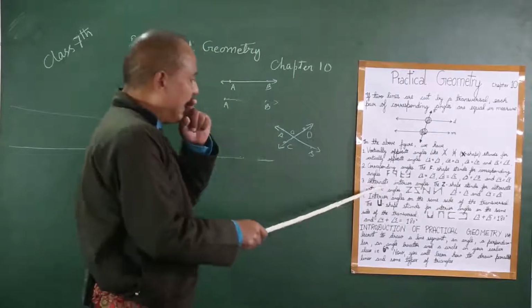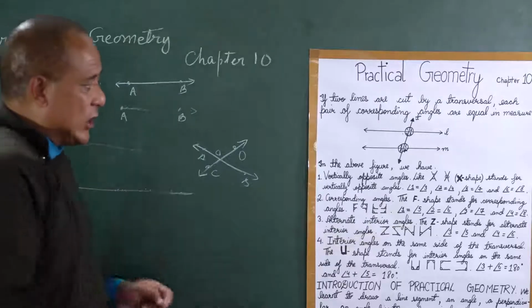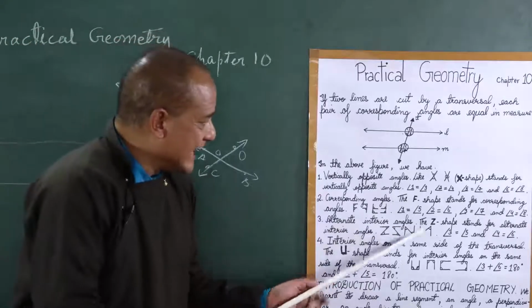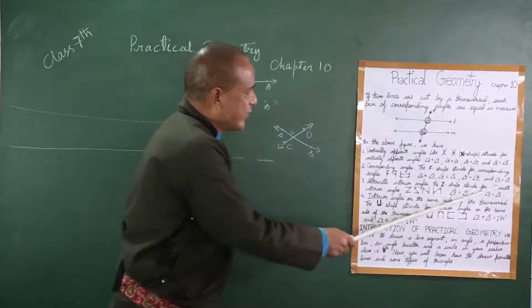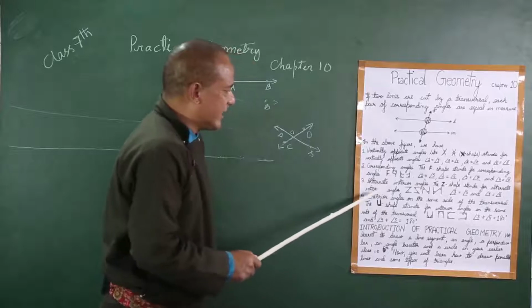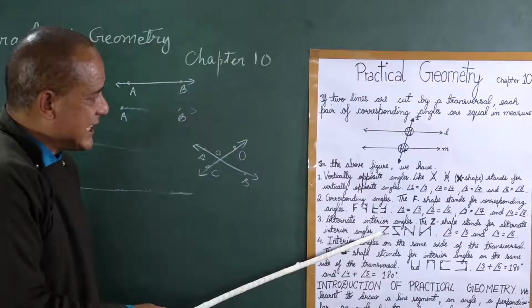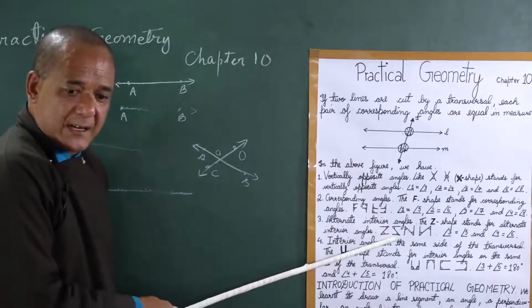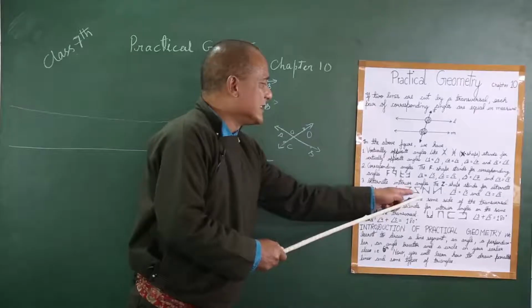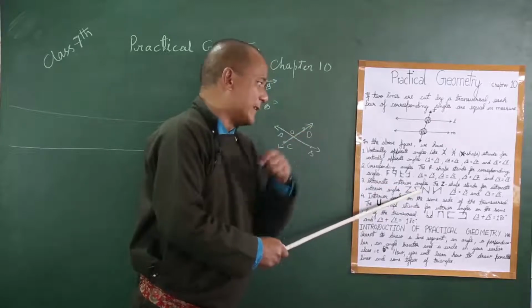Now when you have alternate interior angles, here the Z shape stands for alternate interior angles. This is Z, and this is the image of Z. When you place a mirror here, you will see a proper Z in the mirror.